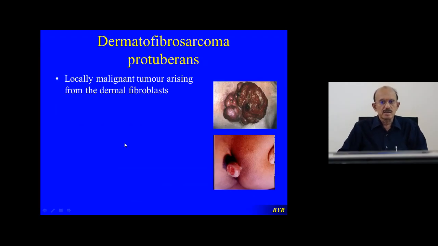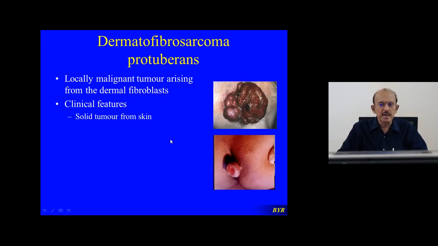Dermatofibrosarcoma protuberans, a locally malignant tumor arising from dermal fibroblasts. Clinical features: it is a solid tumor from the skin. What are the other solid tumors of the skin, which we have learned already?